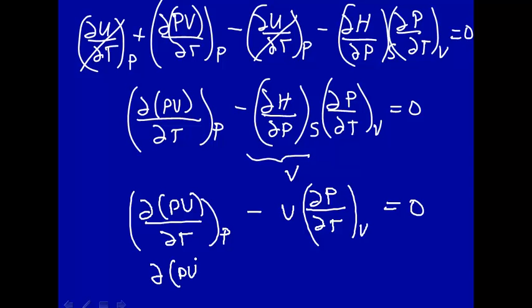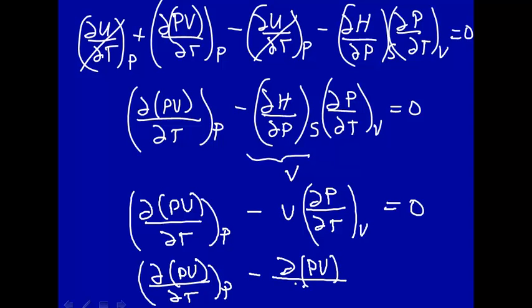How PV changes with temperature at constant pressure minus how, see, V is a constant, so you can pull that into the derivative, how PV changes with temperature at constant volume equal to 0. So I think this term is equal to that term, and therefore when you subtract the two, you get 0. But let's show that explicitly.